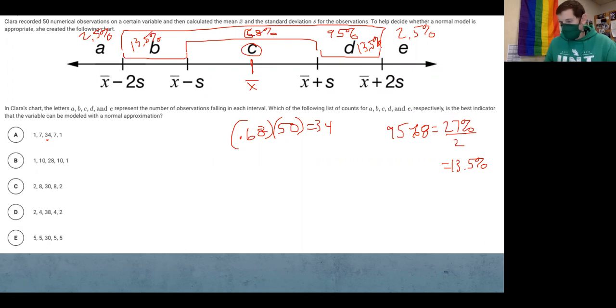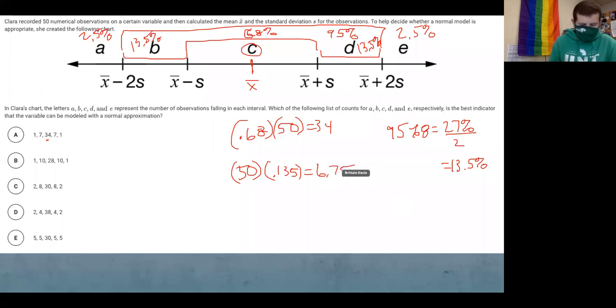And this is probably overkill, but now if we do 50 times 0.135, we get 6.75. So we expect about 7 values in those 2 ranges. So we're good to go. But it's just different ways of applying the empirical rule.